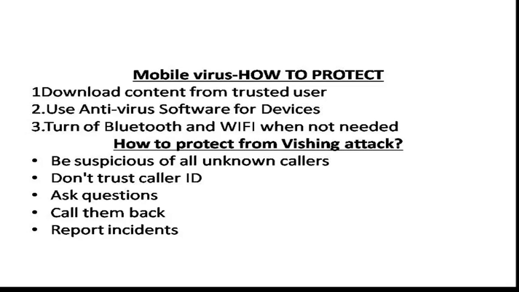We have to use updated antivirus software. Our mobile phones also provide updates, so we have to stay up to date with the versions. Next, always turn off our Bluetooth and Wi-Fi whenever we are not using them.